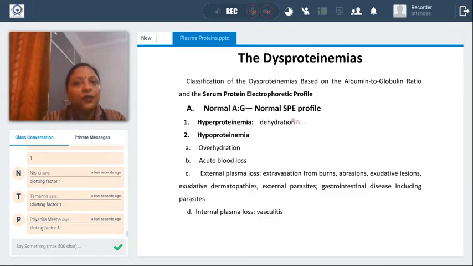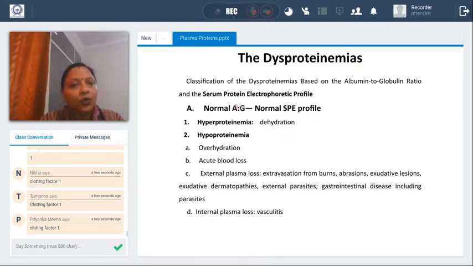What are dysproteinemias? So the last topic of this class is dysproteinemias. Classification of dysproteinemias is based on the albumin to globulin ratio and the serum protein electrophoretic profile. This is also called the SPE profile.